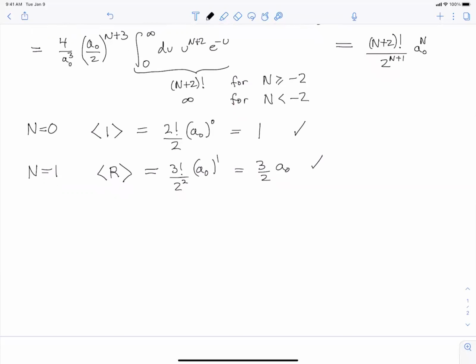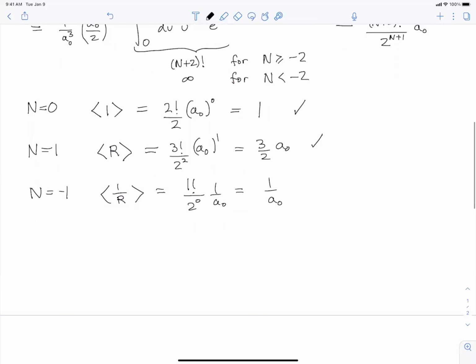So now let's try n equals minus 1. That will be useful for us later on. So now we're using the expectation value of 1 over the radial coordinate, which is 1 factorial over 2 to the 0th times 1 over the Bohr radius. 2 to the 0 is 1, so this is just 1 over the Bohr radius.